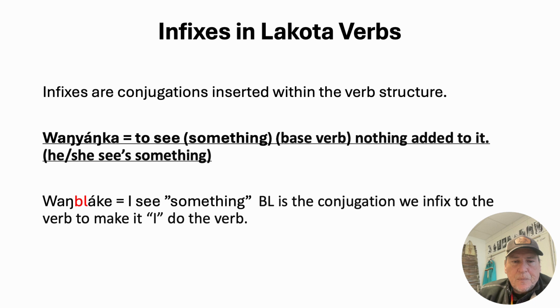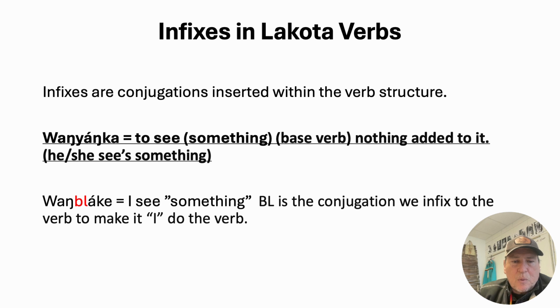Now this verb, wayanka, meaning to see something, takes an infix to turn it into I do the verb. Remember, the infixes are conjugations inserted within the verb structure. So it's not at the beginning, it's not prefixed, it's infixed.